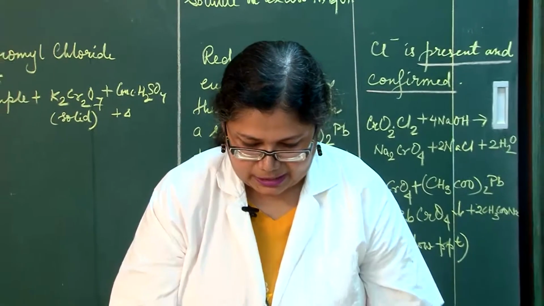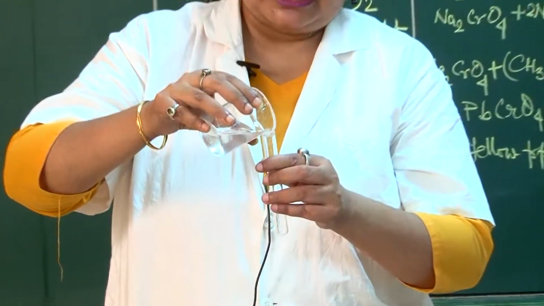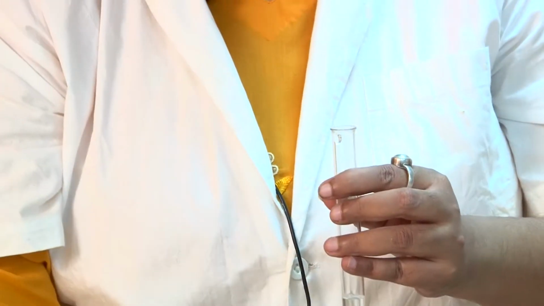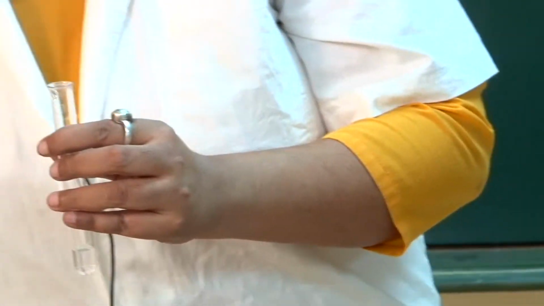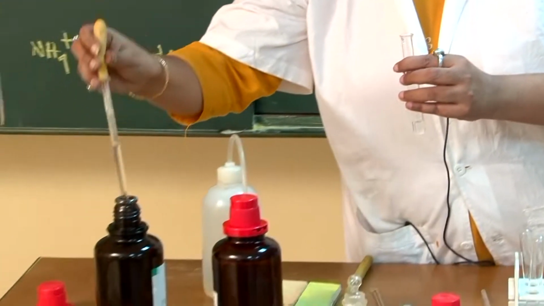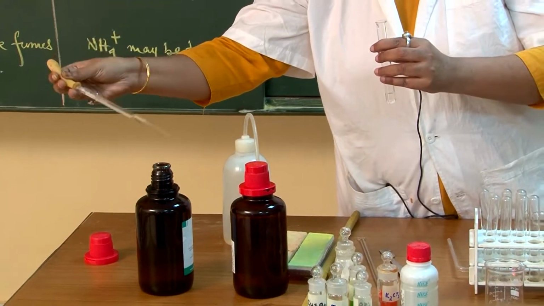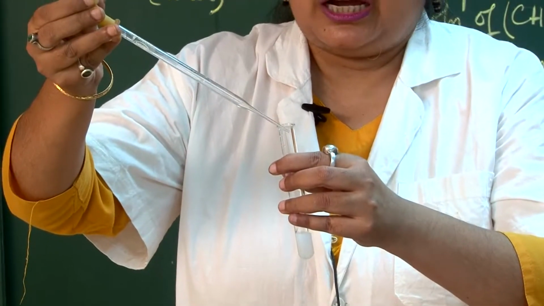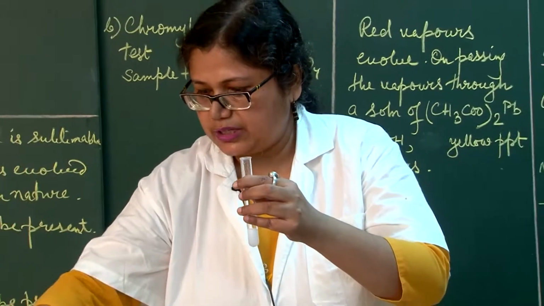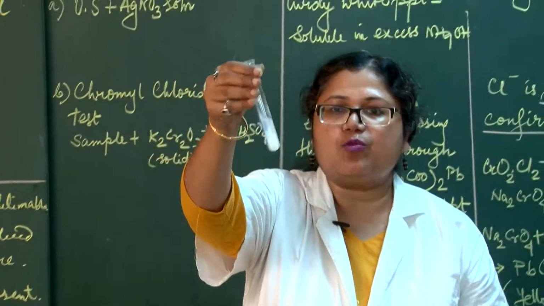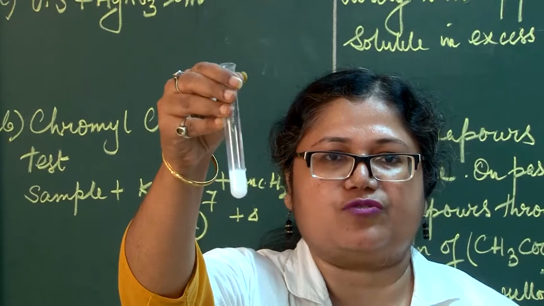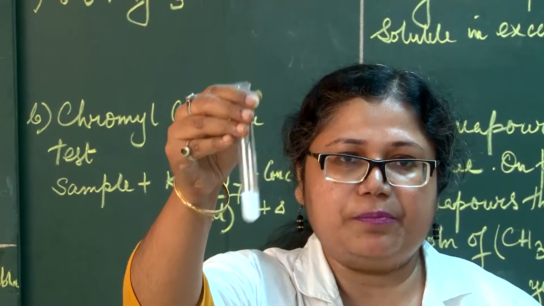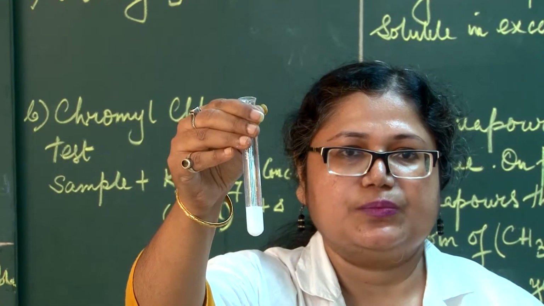So, I take a little quantity of the original solution and to it I will add silver nitrate solution, and on adding silver nitrate solution, students, you can see we are getting a white precipitate, which indicates that the anion of the sample may be Cl minus or chloride ion.